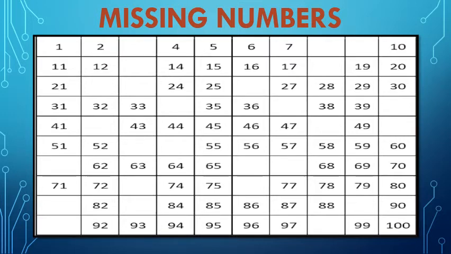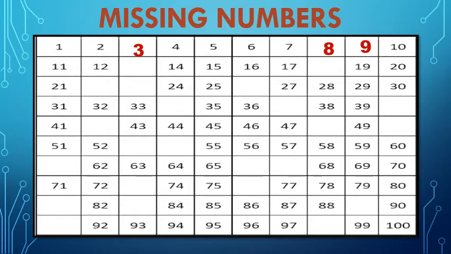Okay, here you can see the missing numbers. 1 to 100 numbers are given and some numbers are missing. Now we have to fill those boxes. See there, 1, 2, then comes 3, 4, 5, 6, 7 is there, then comes 8, after that 9, then 10.